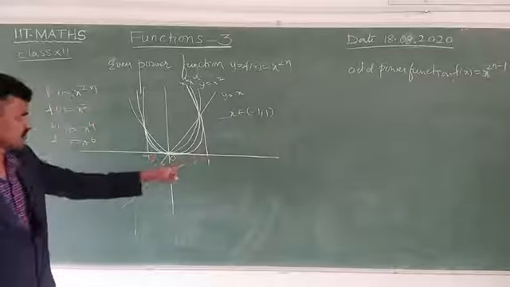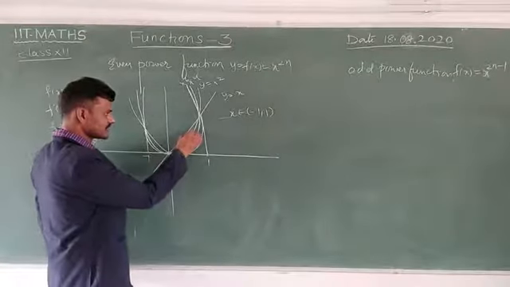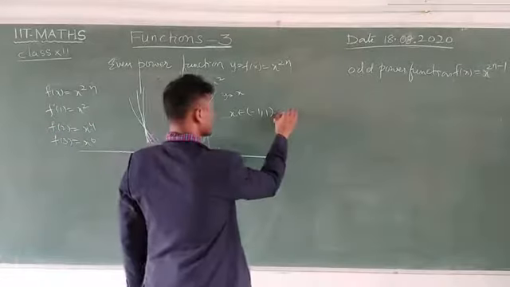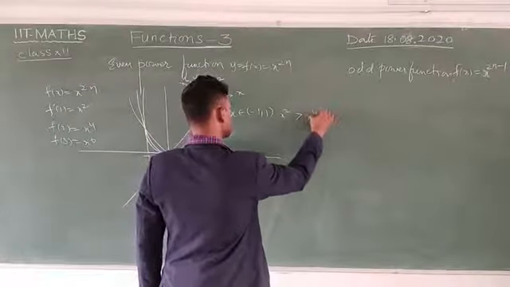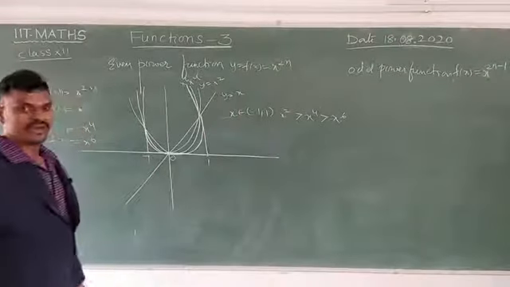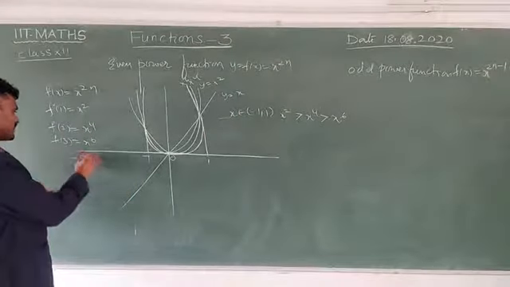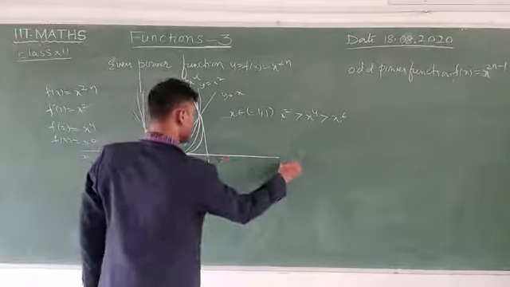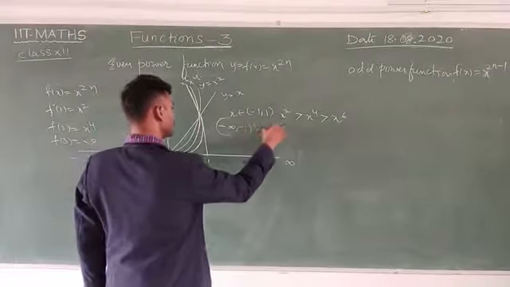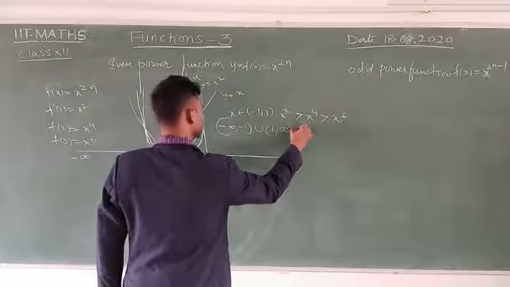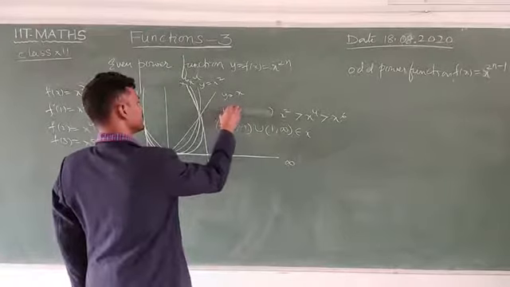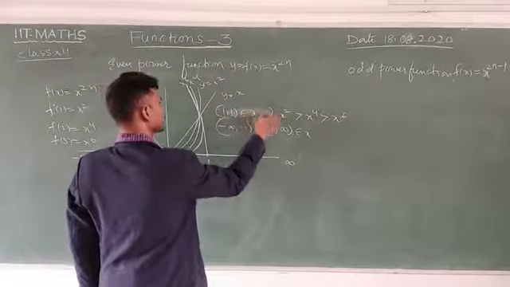For x belonging to minus 1 to plus 1, x square is greater than x power 4, which is greater than x power 6. Outside, x belongs to minus infinity to minus 1 union 1 to plus infinity.